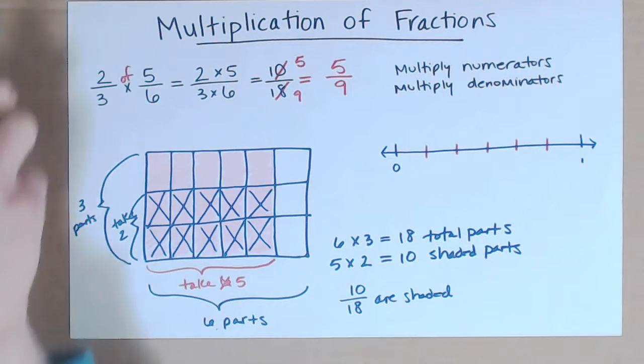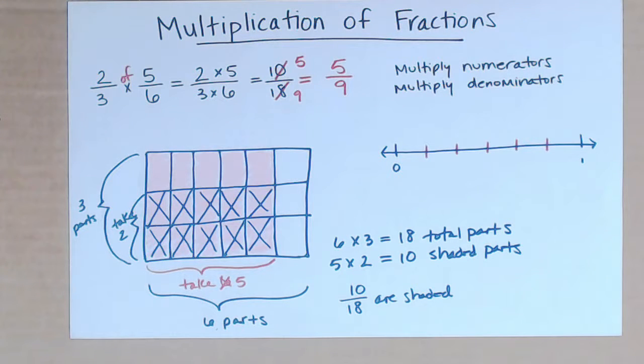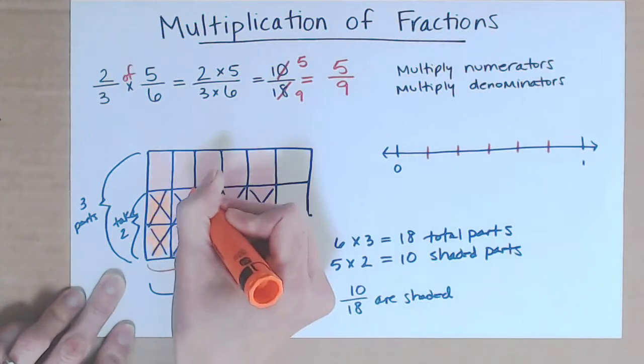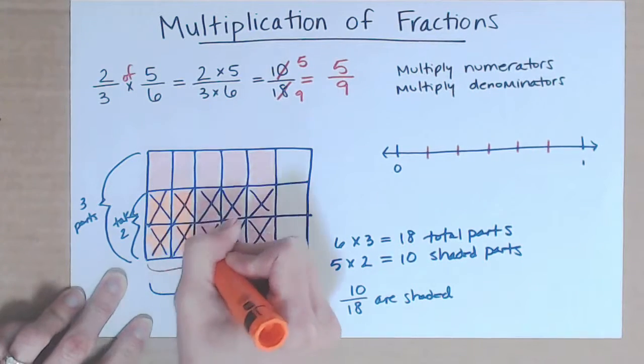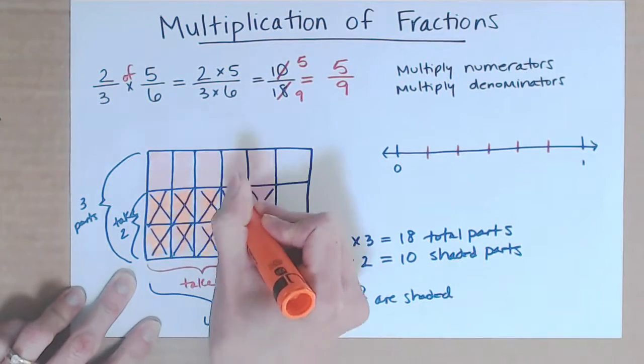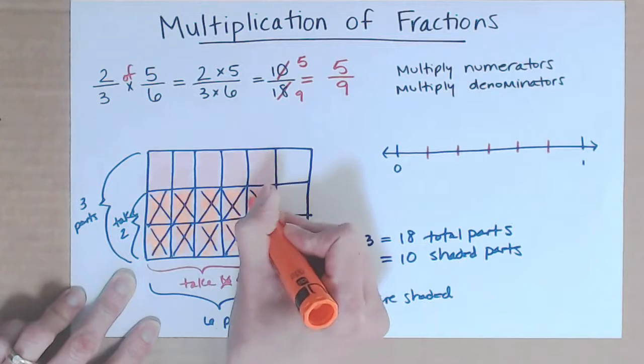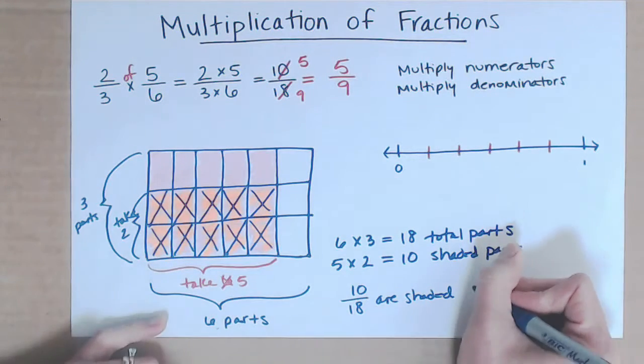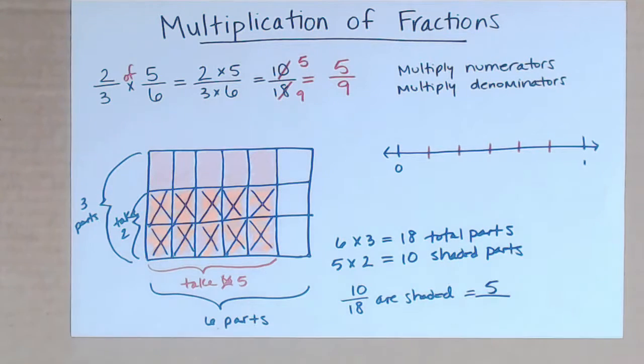pictorially as well, because you could imagine turning every 2 rectangles into one bigger rectangle, like taking these 2, making 1, these 2 making 1, these 2 making 1, here's another, and here's another. So that would be 5 out of how many?